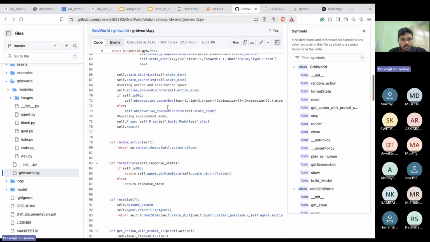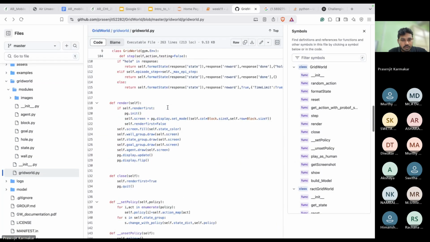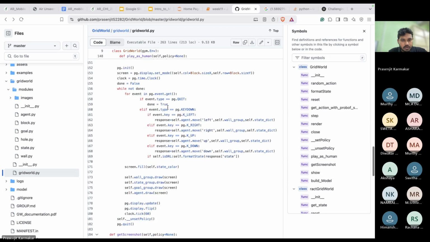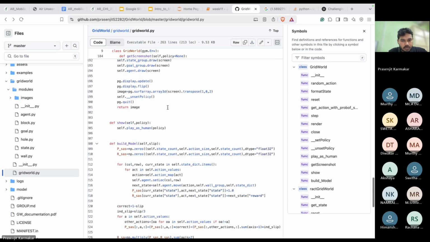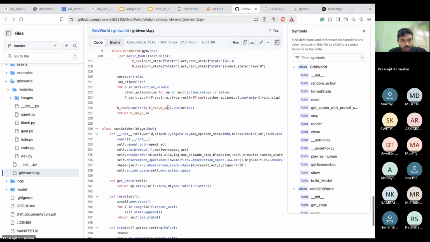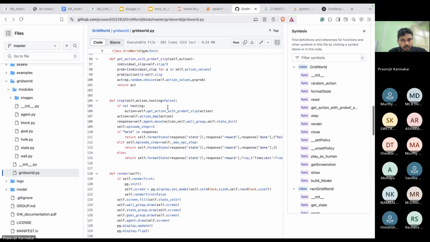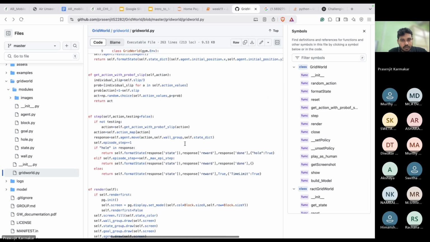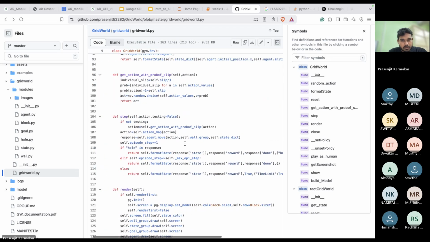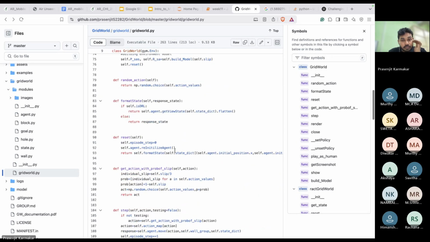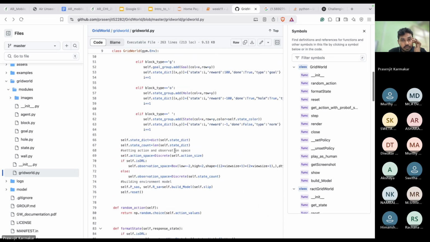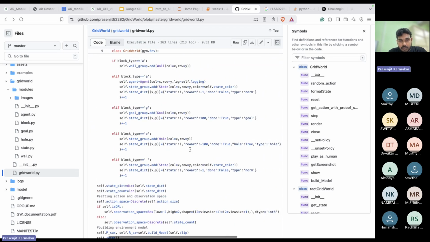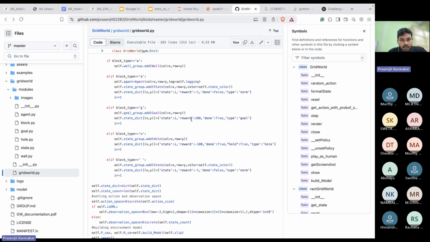So there is this. Here, see, if it is a goal state, it is plus 100.